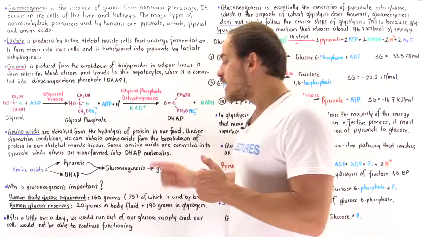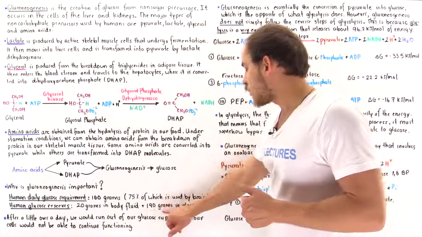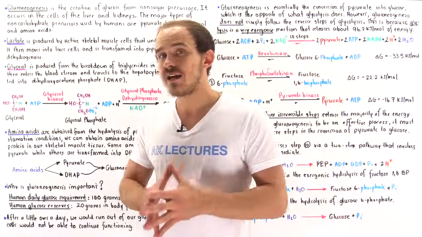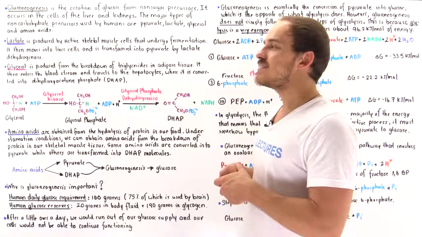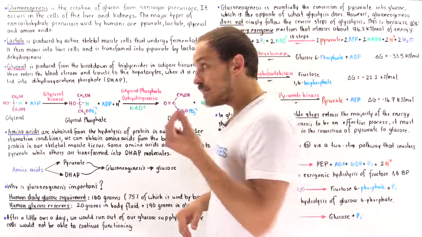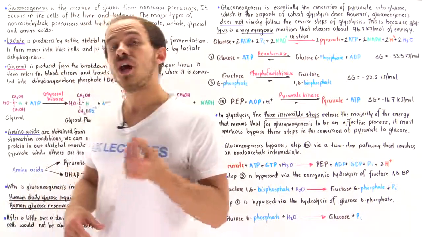And so together, 20 grams in the body fluid and 190 grams in glycogen, we essentially store about 210 grams of sugar.